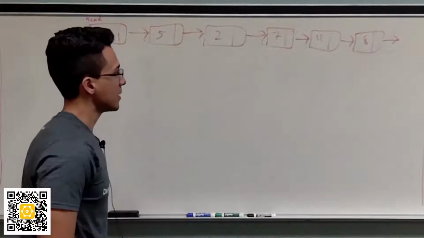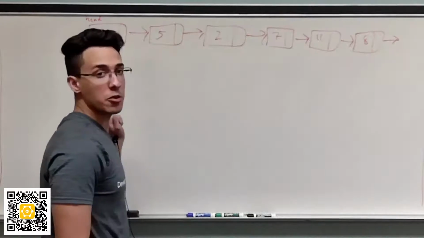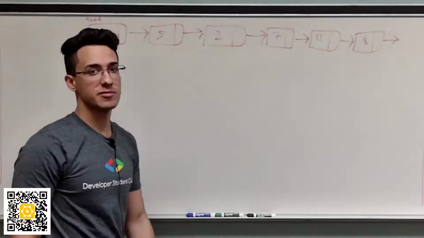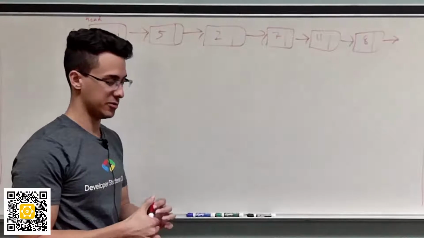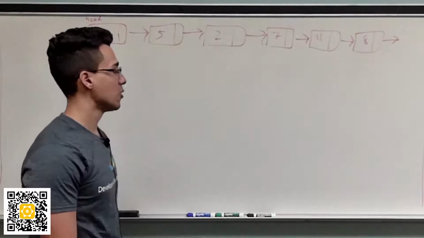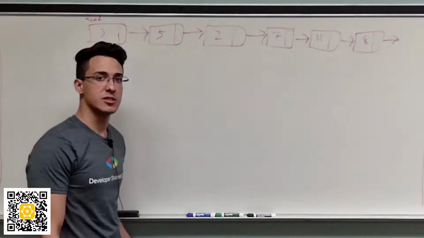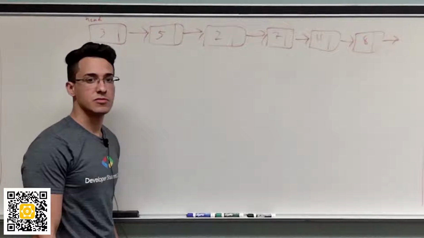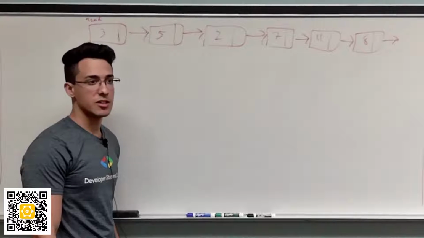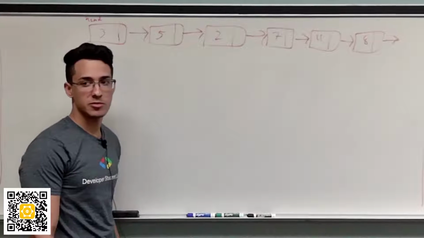So I'm gonna come up with an algorithm to return the middle node, the node in the middle. Okay. So what could we do to get the middle node? Any ideas to get the middle node?